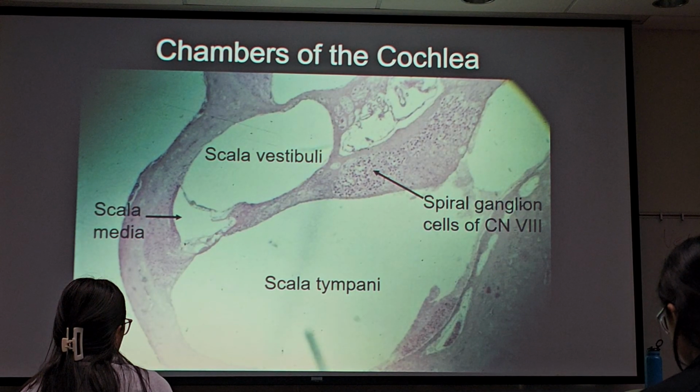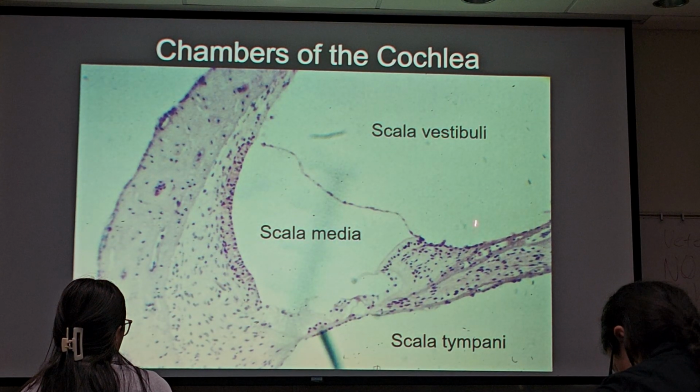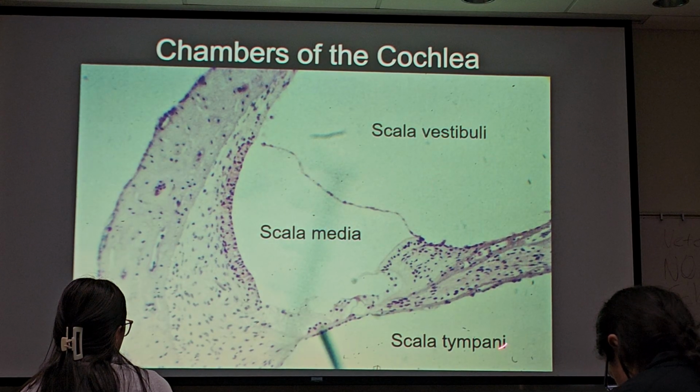Let's get even closer. Okay, scala vestibuli, scala tympani, scala media. This is where we want to be. Let's see the organ of Corti, hair cells and so forth. You guys remember this? We were looking at simple squamous epithelium.